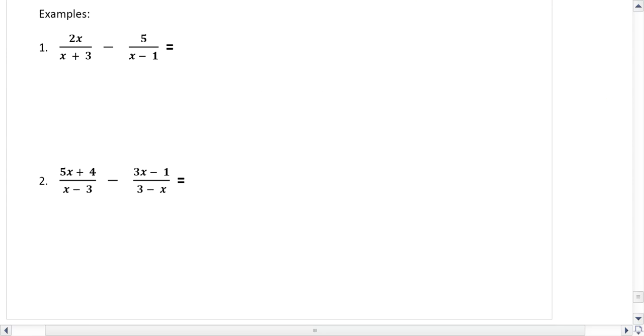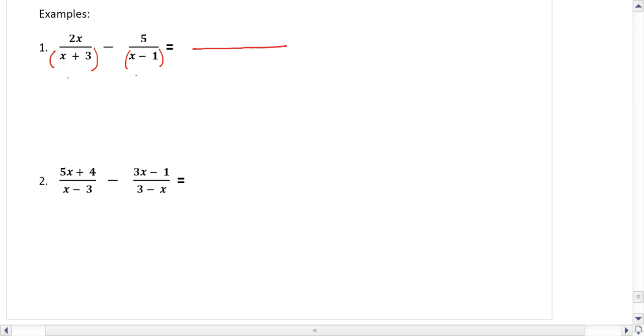Okay, looking at this first example, the denominators are already factored, so that step is done. I'm just going to put this first denominator in parentheses, this x minus 3. The second denominator is x minus 1, and these are the two pieces that will make up the common denominator for these two fractions.